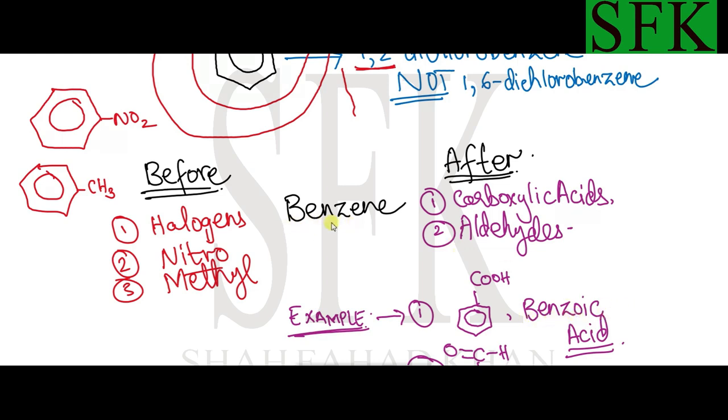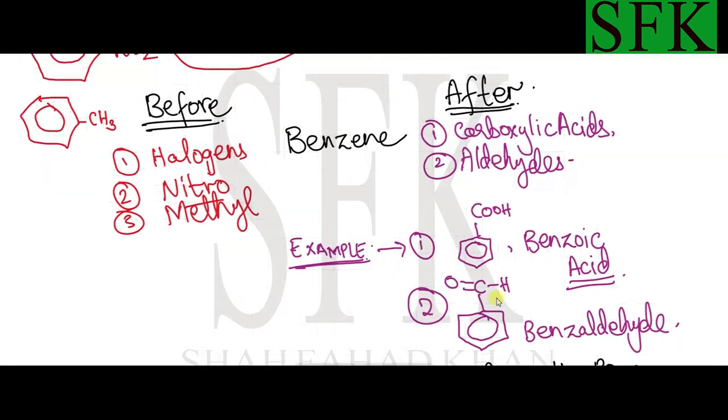The benz comes in the first part of the name, and oic acid comes in the second part of the name. So this is what I mean by before and after. Similar is the case with aldehydes. If we have aldehyde attached to benzene ring, then it's going to be named as benz, meaning benz for benzene, and aldehyde, benzaldehyde. It becomes the name of this compound.